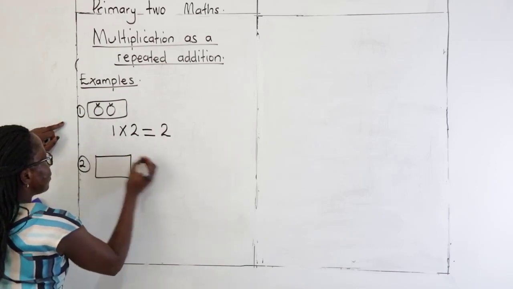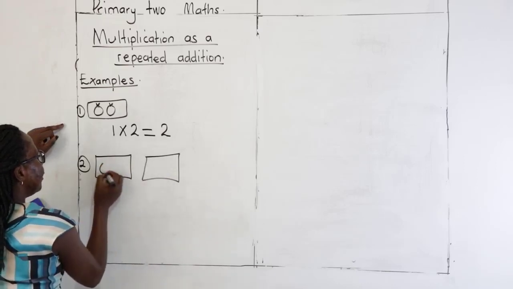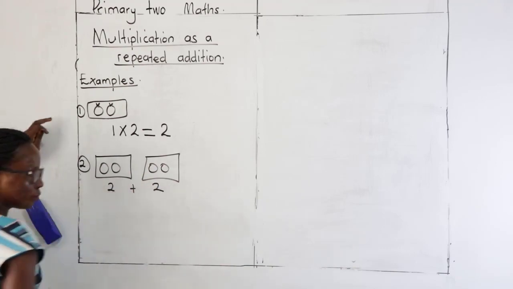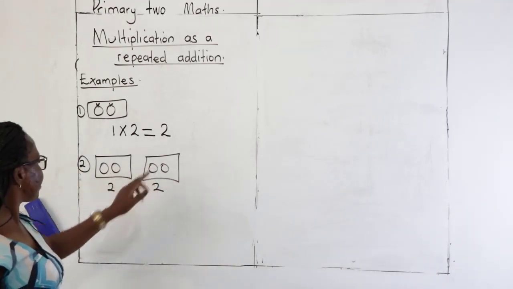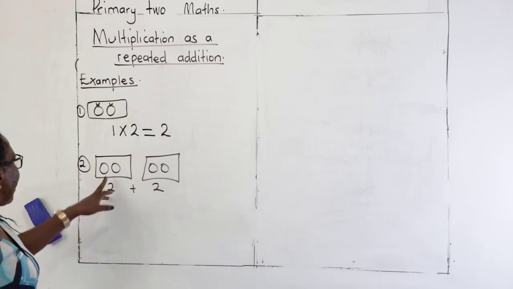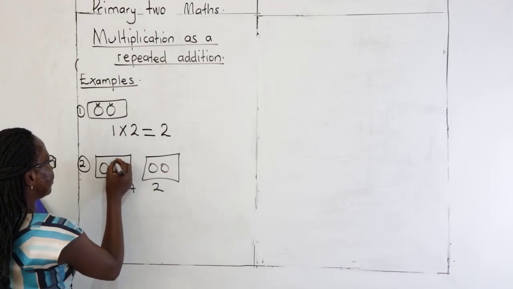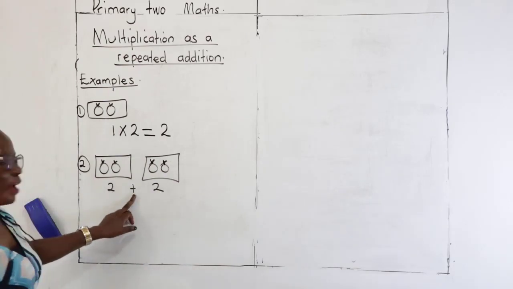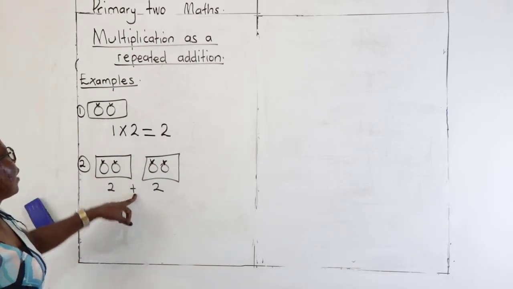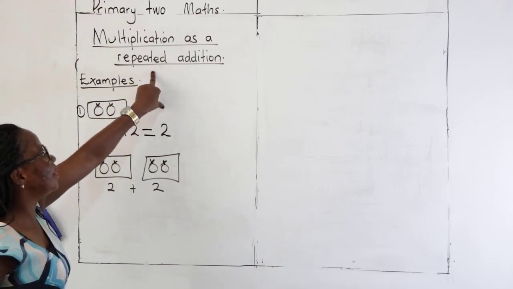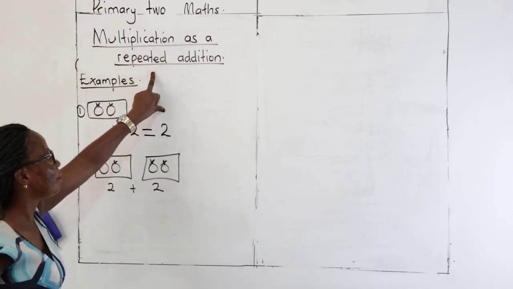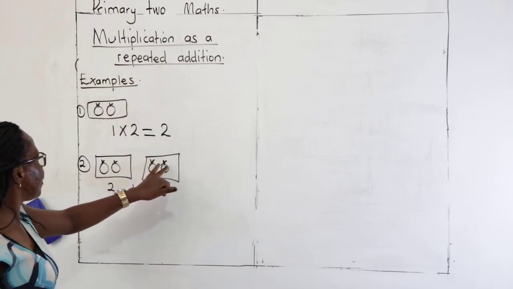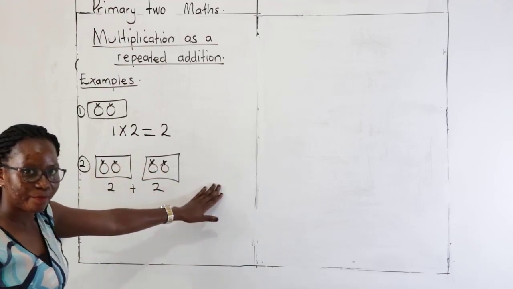Let us go to example 2, where it has another digit. If I have 2 groups, and each group has 2 apples, it is 2 plus 2. Why have I put the plus sign? As we have said, multiplication is a repeated addition. This plus sign shows that when you get these 2 and add them with these 2, they will give you the answer.